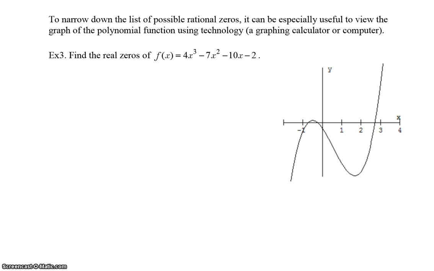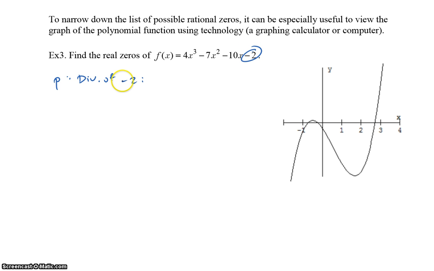So we're going to illustrate this with example 3. And let's begin by listing the possible rational zeros of this function. Again, you see it's a third degree polynomial. So we have our p's and our q's. And so the p's are the divisors of the constant term -2.